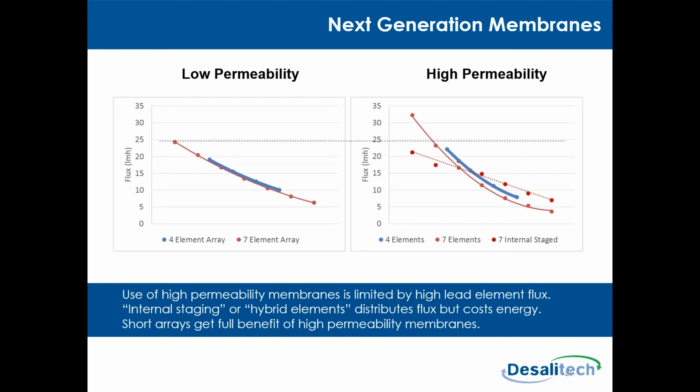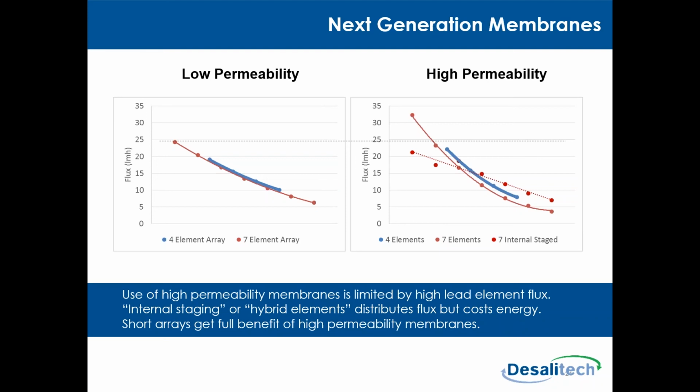Right, so go to a high permeability membrane, what happens is the water essentially drains out of the lead elements. So you get a significant elevation in flux of the lead elements and a depression in flux in the tail elements. If you have excess flux, you risk fouling.